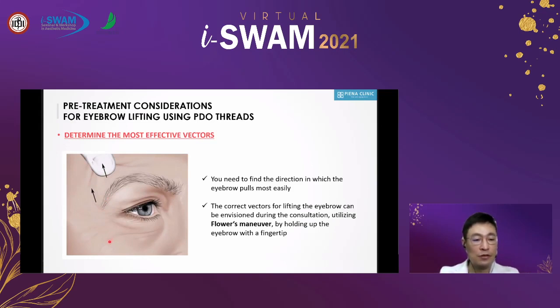The most commonly used method to determine correct vectors is to find the most efficient pulling point. Usually, the pulling point is located at the lateral part of the eyebrow, and you can check it by holding up the eyebrow with a fingertip, which is called Flowers maneuver.